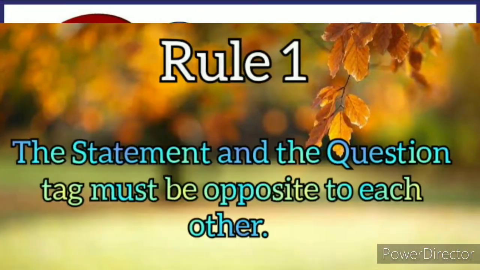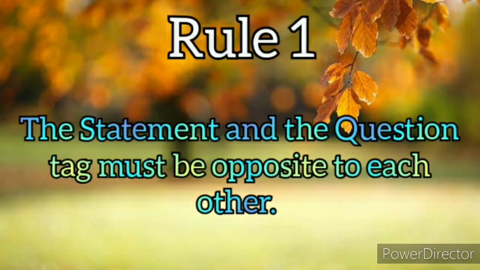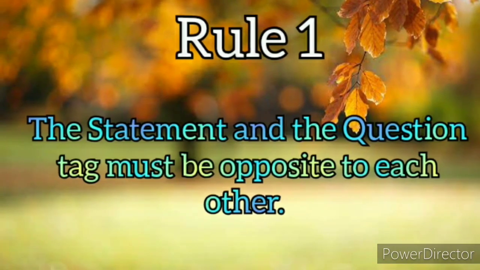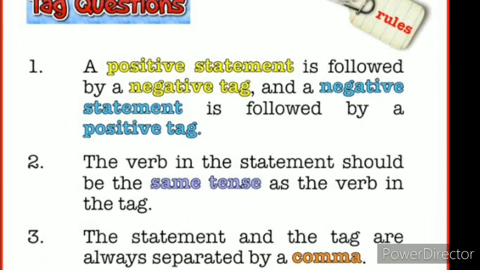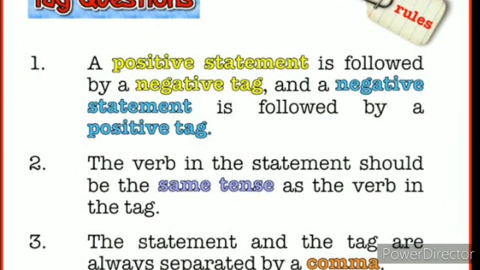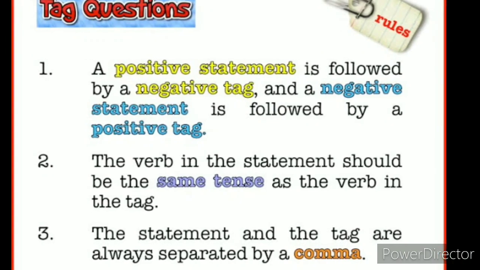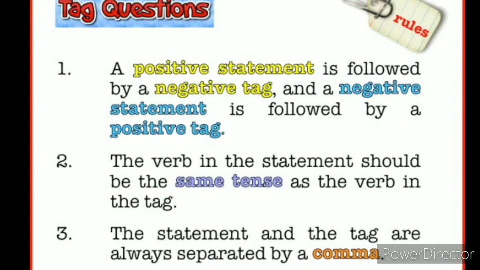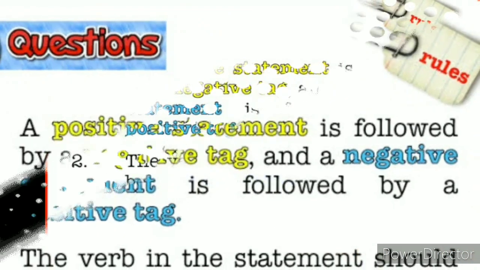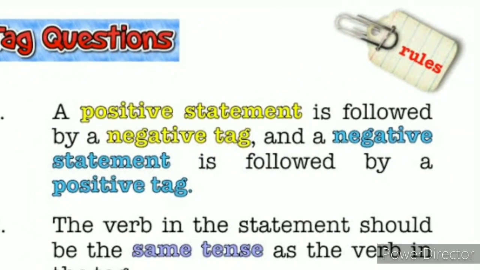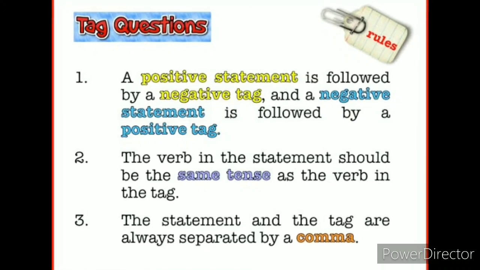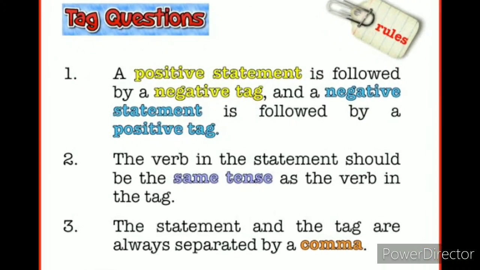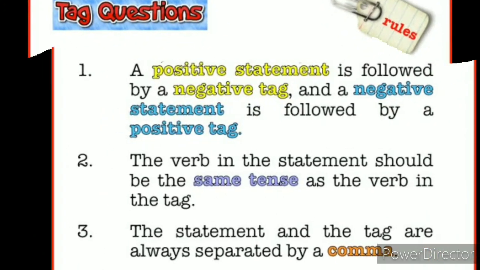So rule number 1, the statement and the question tag has to be opposite, which means if your statement is positive, then the question tag will be negative, and if your statement is negative, then the question tag will be positive. So pay attention to the statement, as you need to know whether the statement is positive or negative in order to make your question tags correctly.